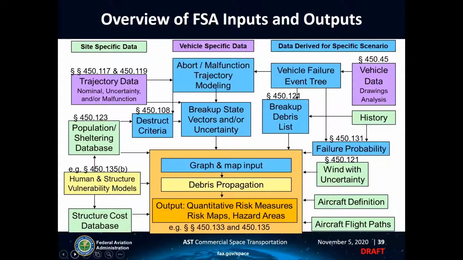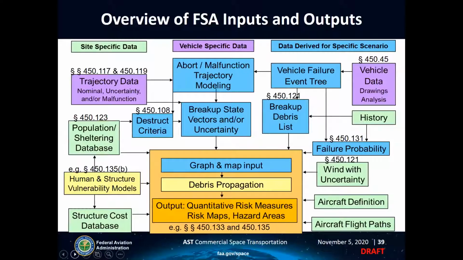And from there, we develop a vehicle failure event tree, different types of failure modes and their probabilities. Also from the vehicle data and the history, we're going to be developing the breakup debris lists that are the subject of 450.121.